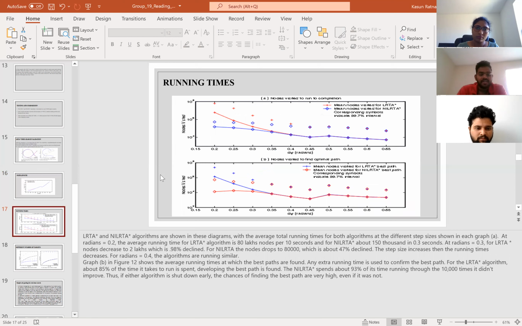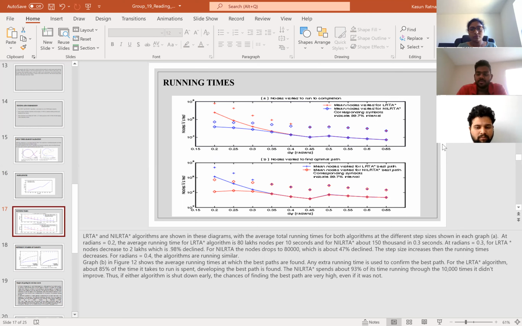The LRTA star and NILRTA star algorithms are shown in these figures, with the average total running times for both algorithms at the different step sizes shown in each graph. At radians equal to 0.2, the average running time for the LRTA star algorithm is 80 lakh nodes per 10 seconds, and for NILRTA star about 150,000 in 0.3 seconds.